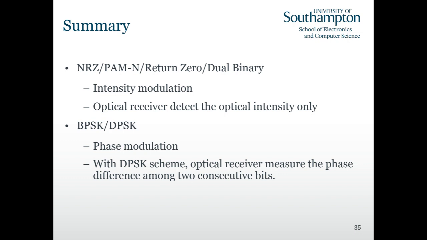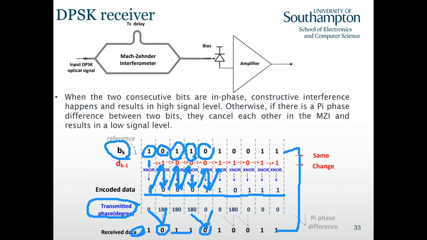So we do not need a local laser and polarization control anymore. So the MZM is only to interfere the delayed version of the signal with the received signal.